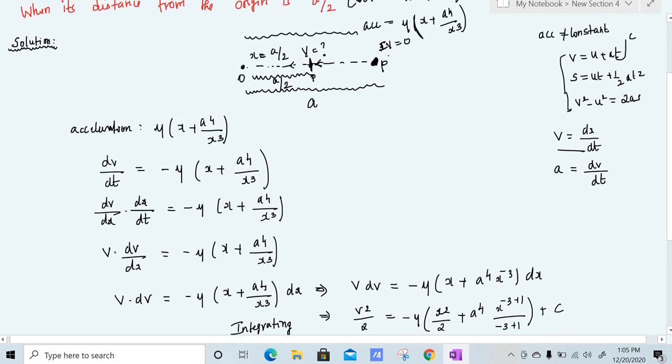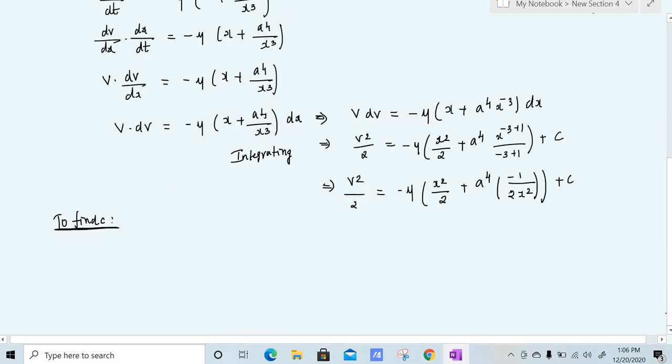The particle starts from here, so at this distance our velocity is 0. Let us say this distance is a. When x is equal to a, our v is equal to 0, right?